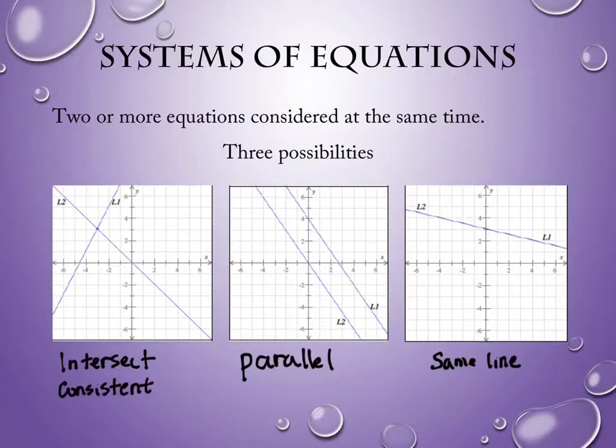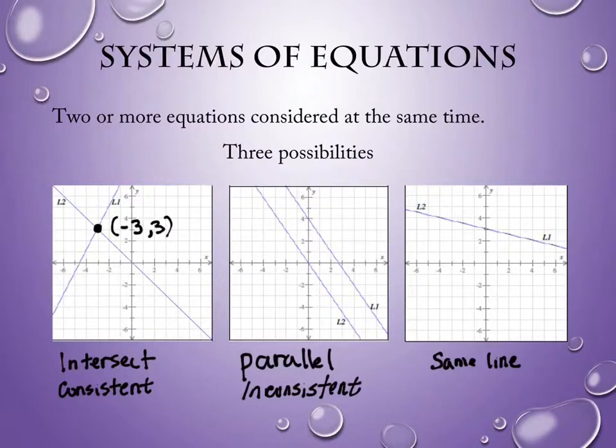In particular, the one solution it has is where it crosses right here, and my picture shows negative 3, 3. But it's whatever your intersection spot is. The second graph, is it consistent or inconsistent? Inconsistent, because it's parallel. It never crosses.